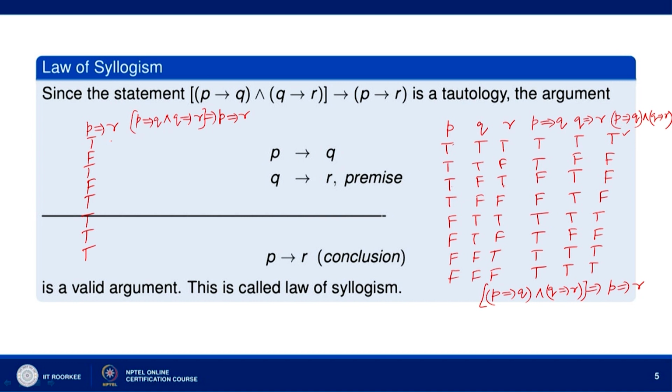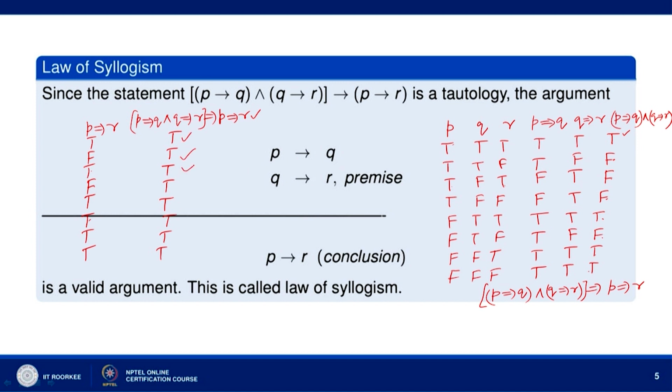So, T gives T, then F gives T, then F T gives T, then F gives T, then T gives T, then F T gives T, and then T gives T, and then T gives T. So, if you look at this truth table, then P implies Q and Q implies R implies P implies R is a tautology.